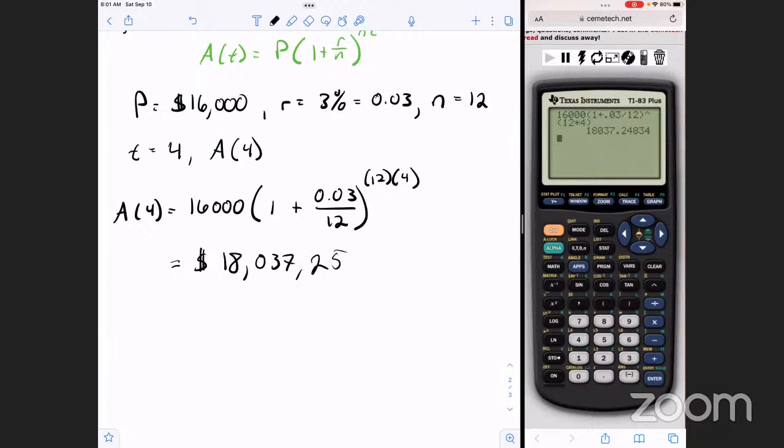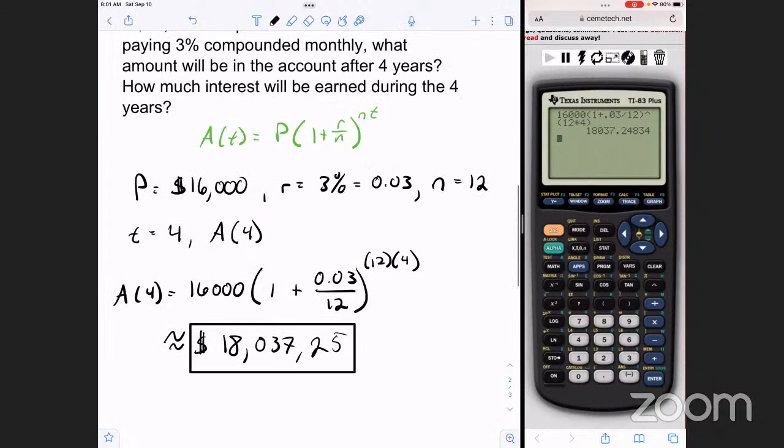Again, we had to round, so this is an approximation, rounded to the nearest cent.